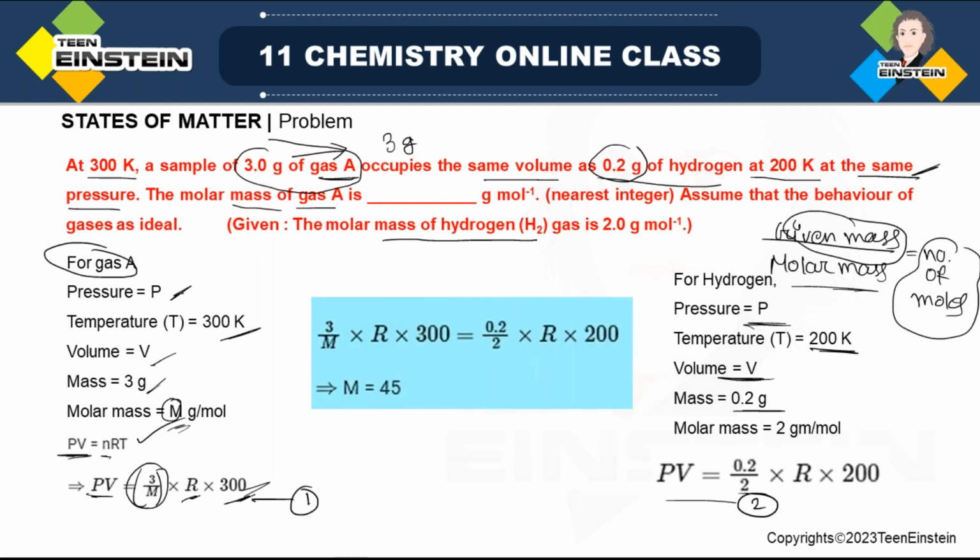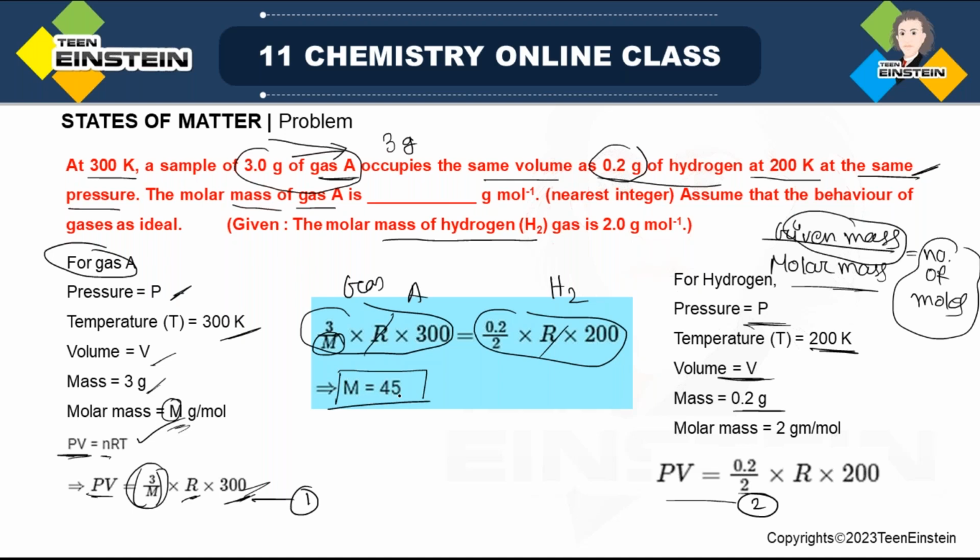So after all, what are you getting? This part is for gas A, this part is for hydrogen. So these two are equal, cancel, and only M is unknown. So you will be getting the value of M, that is the molar mass, like this.